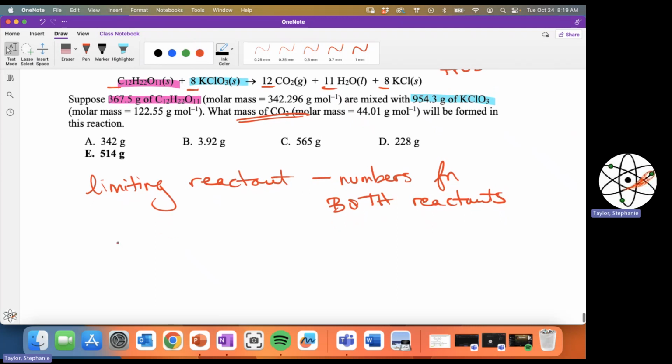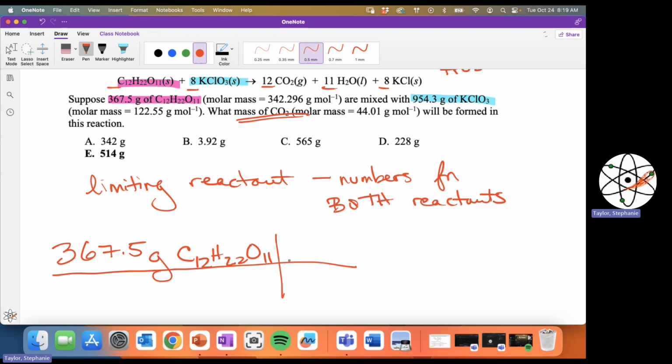What we're going to do is look at both of the reactants, so we are going to do a similar calculation 2 times over. So here is my grams of C12H22O11. The first thing I'm going to do is get this into moles because we're going to need to use the balanced chemical equation. Anytime we need to use the balanced chemical equation, I'm going to need moles.